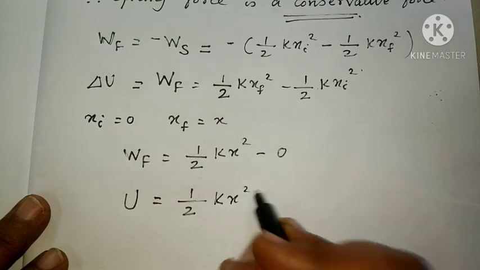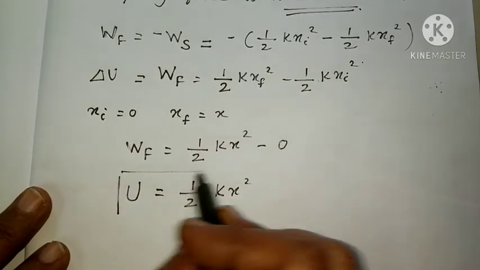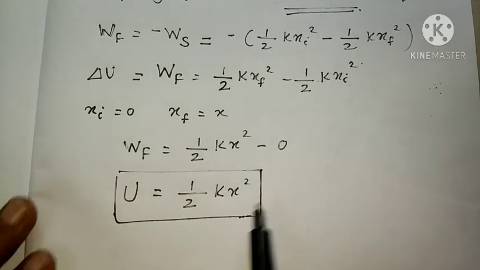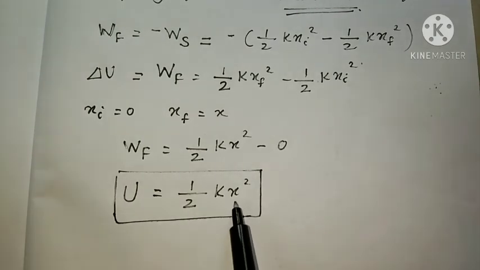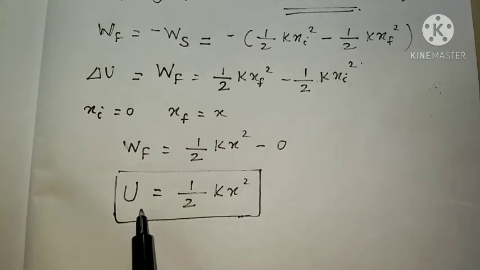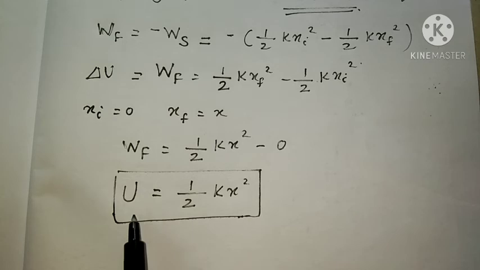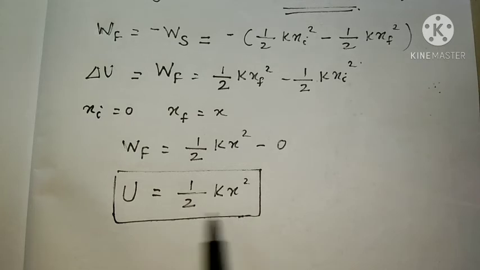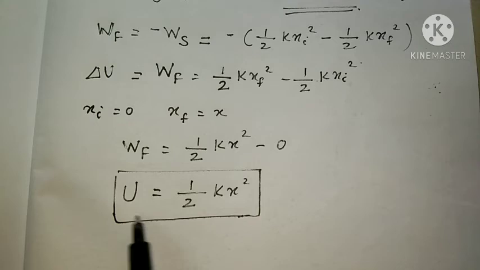This is the expression for the potential energy of the spring, because the spring attains a position x from the equilibrium. This is very important: the potential energy of the spring for an extension x is U equals half k x square.